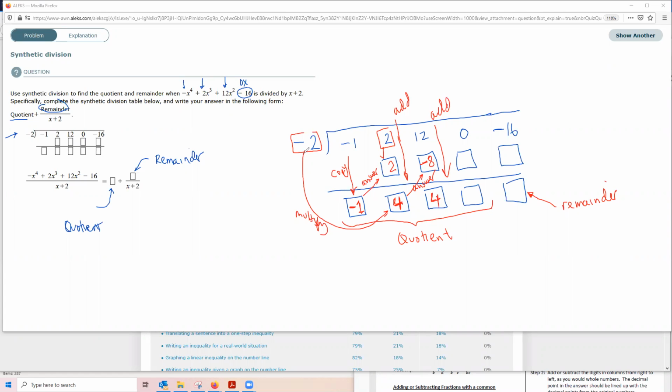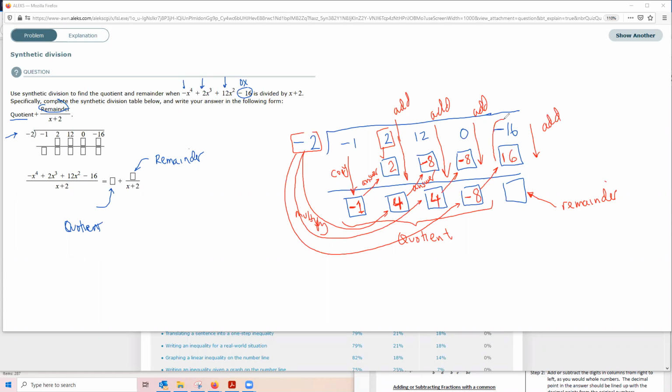All right, I'm going to do this all over again. -2 multiplies 4, and I'm going to put the answer here. That answer is -8. Add straight down. 0 plus -8 is -8. All right, one more time. -2 multiplies -8. That's +16. Write the answer in this box and add straight down.